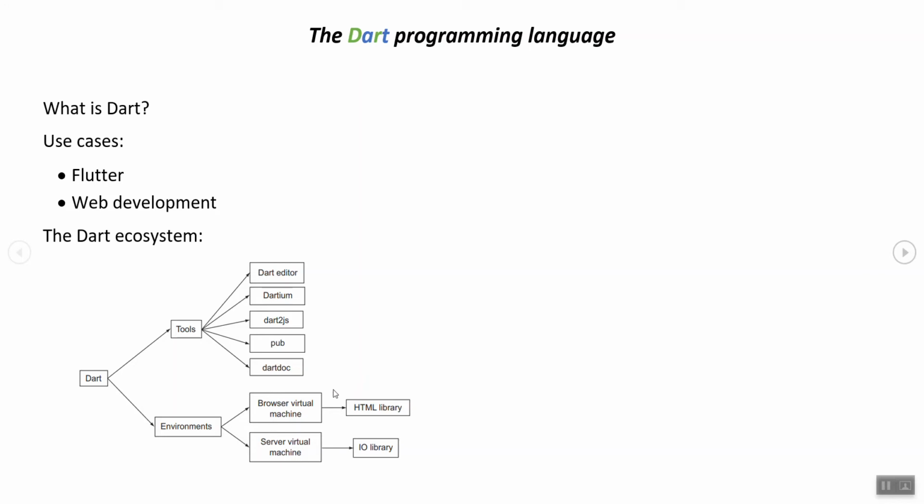And since Dart has a virtual machine, it can be run on a server, on a desktop computer, on the browser, everywhere. And we'll cover them all on how to set it up on the desktop and everything. So here is the basic intro to the Dart programming language.